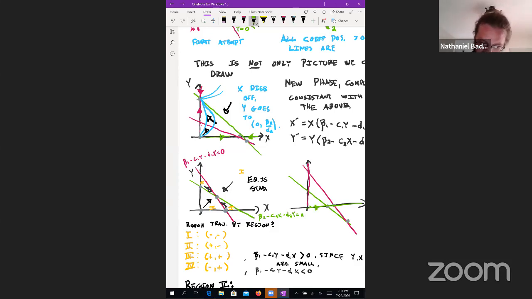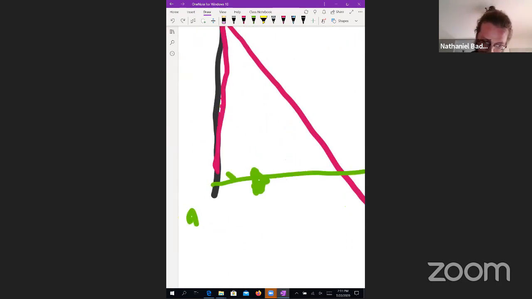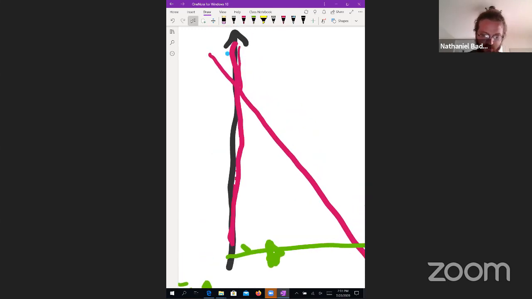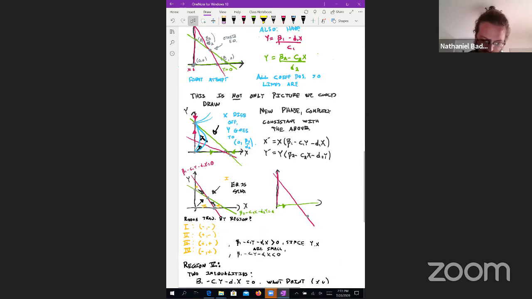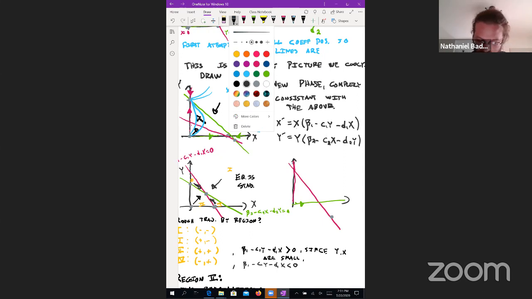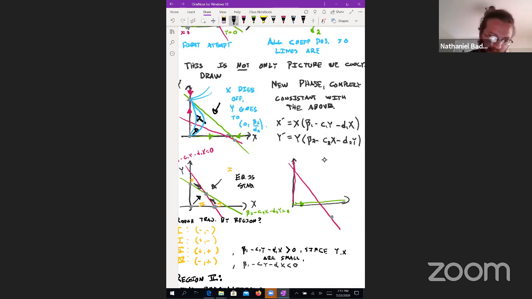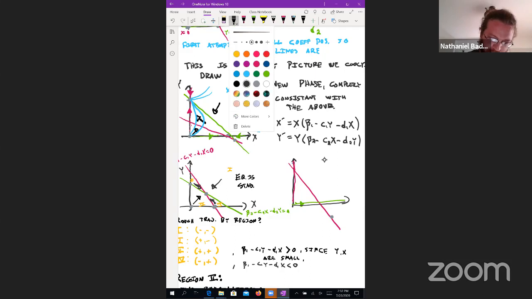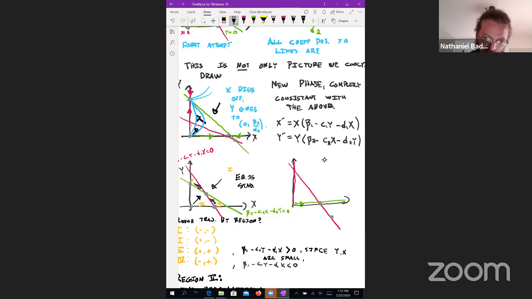Oh, I'm sorry, there's not an equilibrium solution here. Okay, I guess we're going to live with that. We've got an equilibrium solution here. We've got an equilibrium solution here.